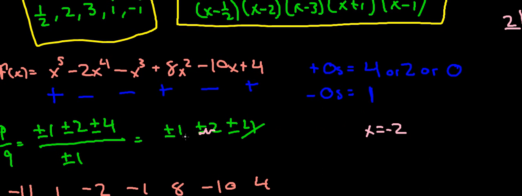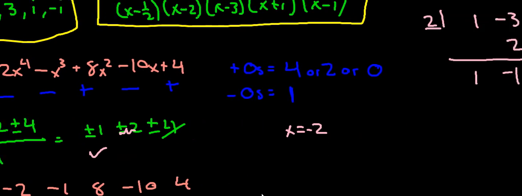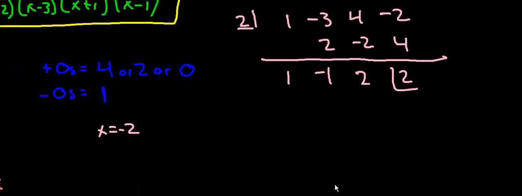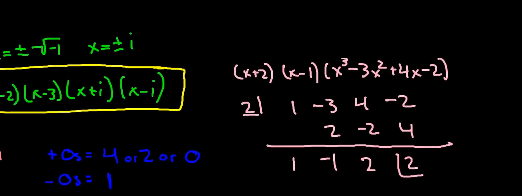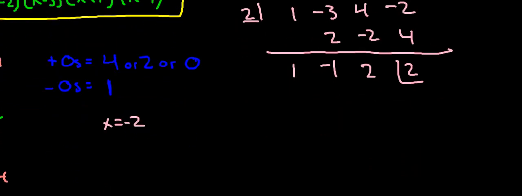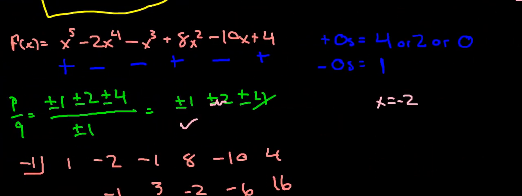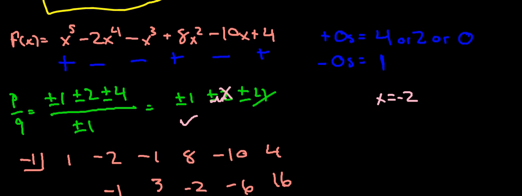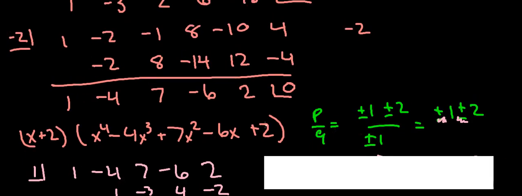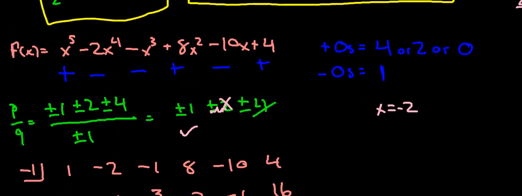We tested 1. 1 was a zero. And then we tested 2, and 2 was not a zero. And then we found out that 4 was not a zero due to this new p over q. And we can test 4 in synthetic division, and we're going to find out that that's not a zero either.